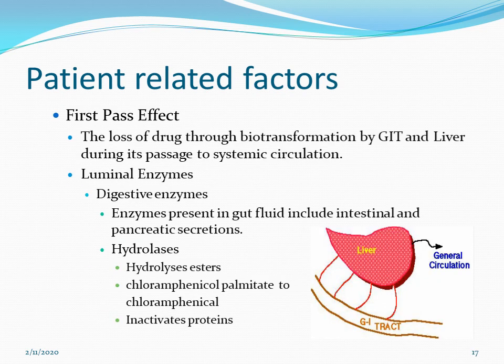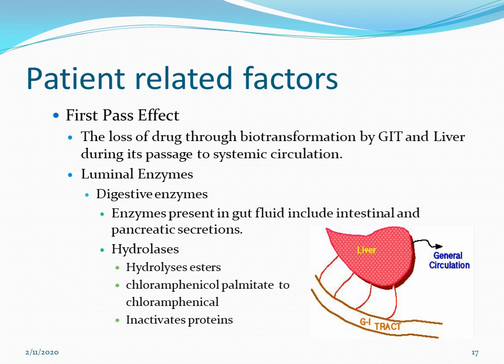Moving towards the first pass effect. First pass effect is nothing but the loss of drug through biotransformation by the GIT and liver during its passage to systemic circulation. There are certain enzymes which are responsible for metabolism of drug. First of all, we will see the luminal enzymes, for example digestive enzymes.